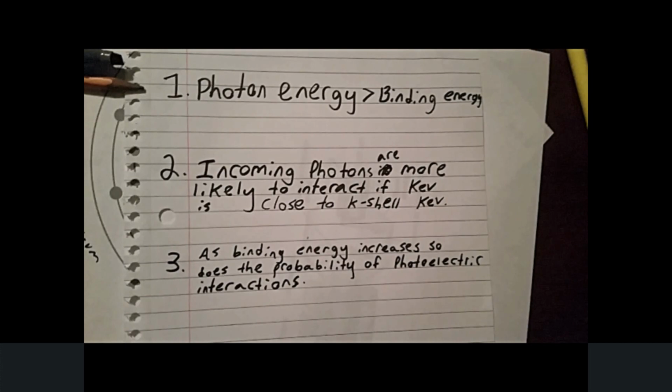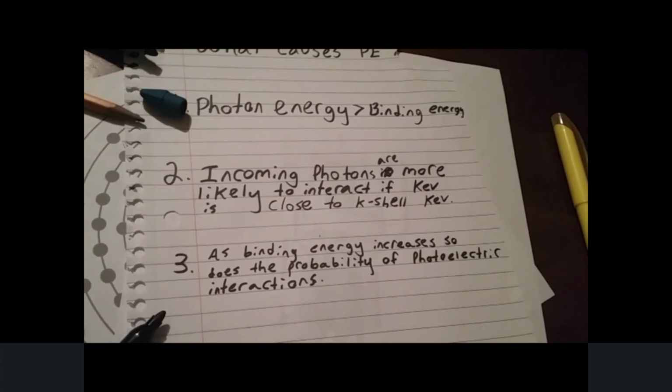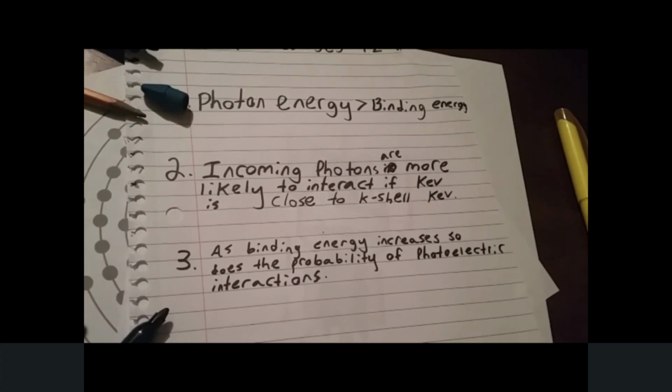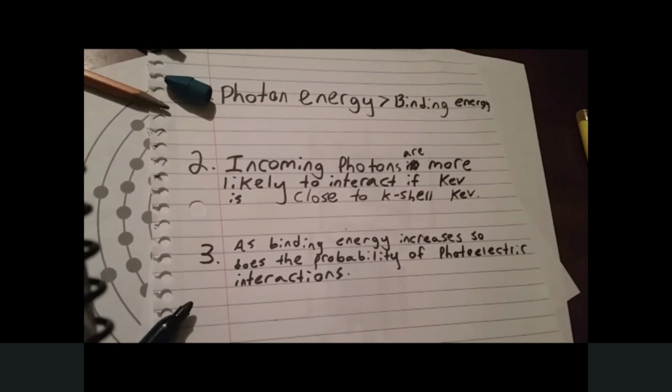So a 40 kiloelectron volt photon is more likely to interact with barium, which has a 37 kiloelectron volt binding, than an 80 kiloelectron volt photon.